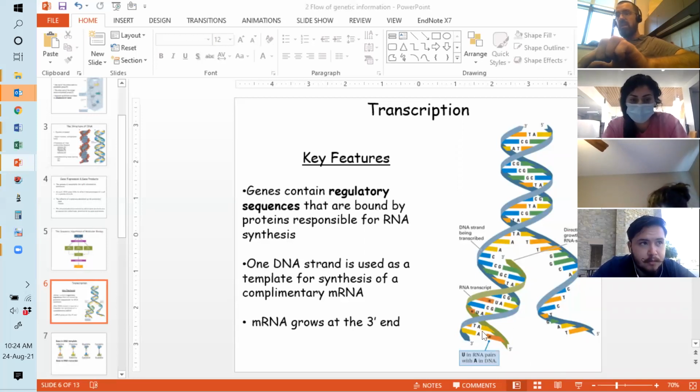So if you look over here, where we have a T in our coding strand, we have a uracil. Where we have an A, we have an A. Can't tell you what that one is, but where we have a T, we have another uracil, and so on, right? So this mRNA strand is a direct copy of the coding strand, but it uses the other strand as the template.